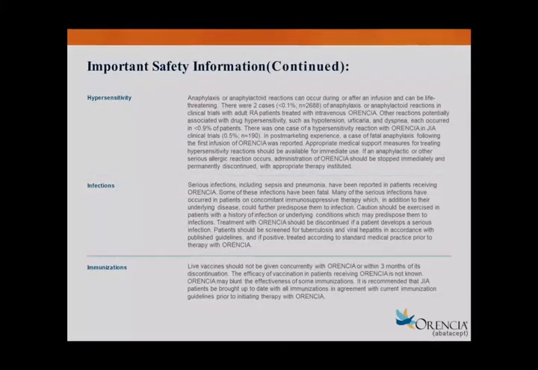Hypersensitivity has been reported very rarely, in less than 0.1% of patients who received IV abatacept. Infection, as I mentioned earlier, was almost equal to placebo. However, serious infections have been reported. Immunizations: live attenuated vaccines are contraindicated in any patient receiving any kind of biological agent.